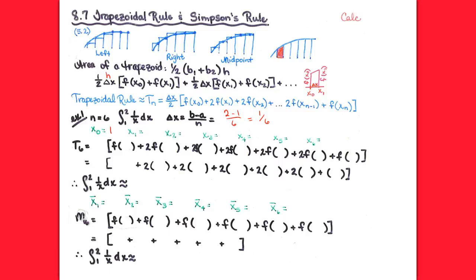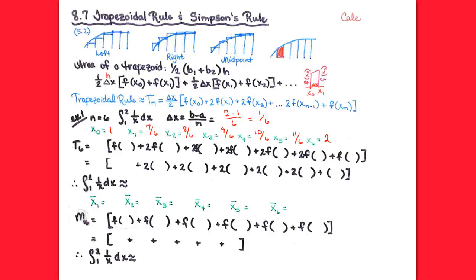That's x sub 0. And if I add that change in x, then right here I'm going to have 1 and 1/6. Probably a little bit easier to write that as an improper fraction, so I'm going to write it as 7/6. Add 1/6 to that, and I'll have 8/6. Add 1/6, 9/6. Add 1/6, 10/6. 11/6, all the way to 2. You could also reduce those if you wanted to.